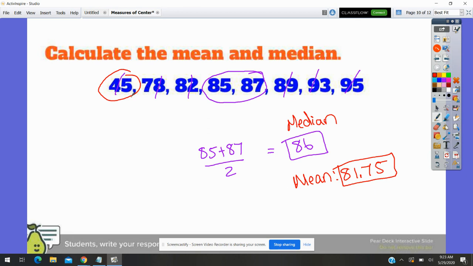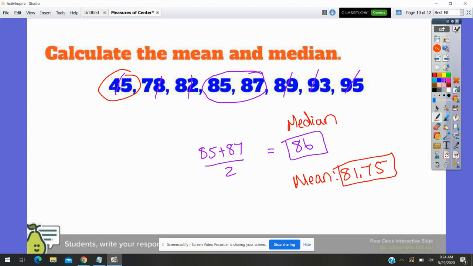If we took away the 45, the mean would be a lot higher. Therefore, when you have an outlier, the median would be the better representative of the data because the median's 86. It's a better representative of all the numbers from 78 to 95.